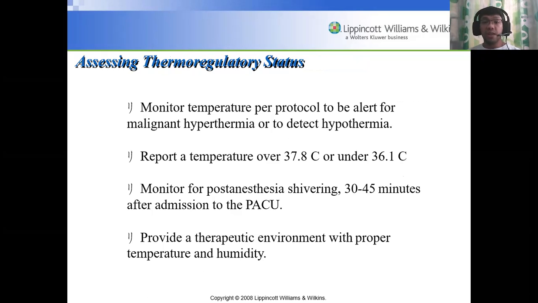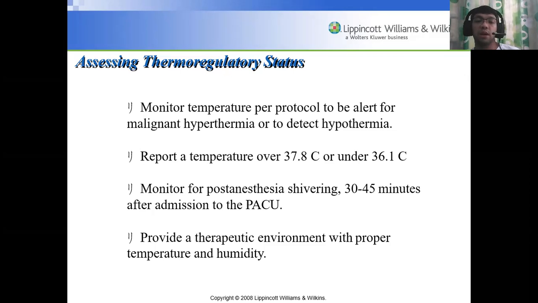Monitor for post-anesthesia shivering because this can be common 30 to 45 minutes after admission to the post-anesthesia care unit. If you see patients who are shivering, offer them a blanket in order to control their body temperature. Provide a therapeutic environment with proper temperature and humidity.